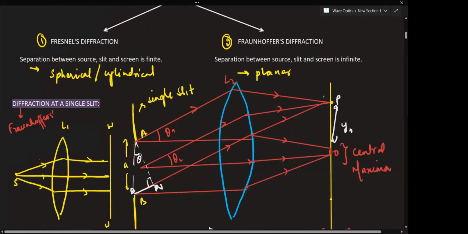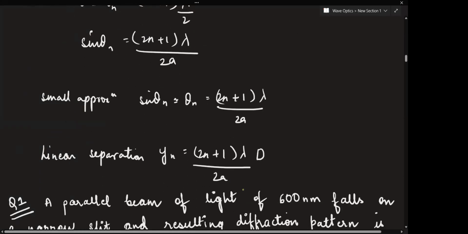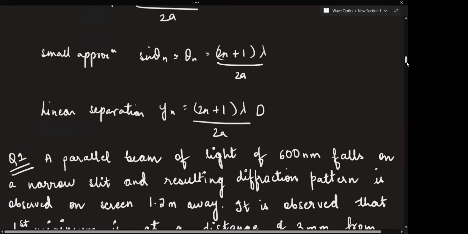This is the linear separation, and this is the angular separation, the angle that this linear separation is subtending at the center. This is known as the angular separation. So for the case of secondary maxima, we had seen that the linear separation is (2n plus 1) lambda capital D by 2A. So let us do some numericals to just clear this topic.